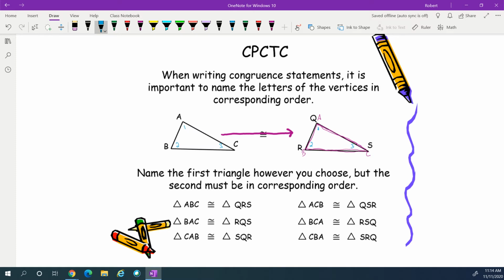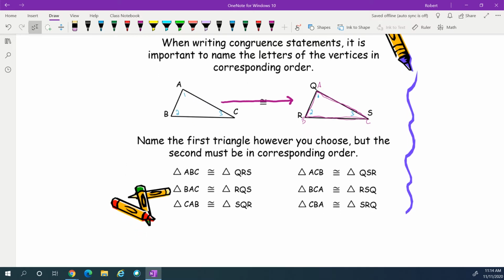So let's look at a couple examples here. If I name the first triangle ABC, that's corner 1, corner 2, corner 3. Well, then I'm going to match it with the second triangle. First corner, second corner, third corner.